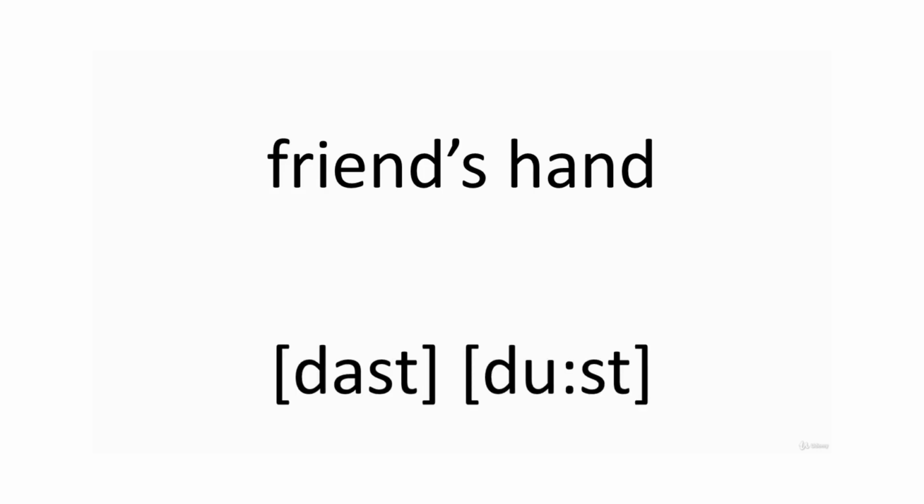In another example, we are adding two nouns. Friend's hand. In Persian, we have the same structure here. The main word we are talking about is hand, so we say that first. We have dast for hand and dost for friend.